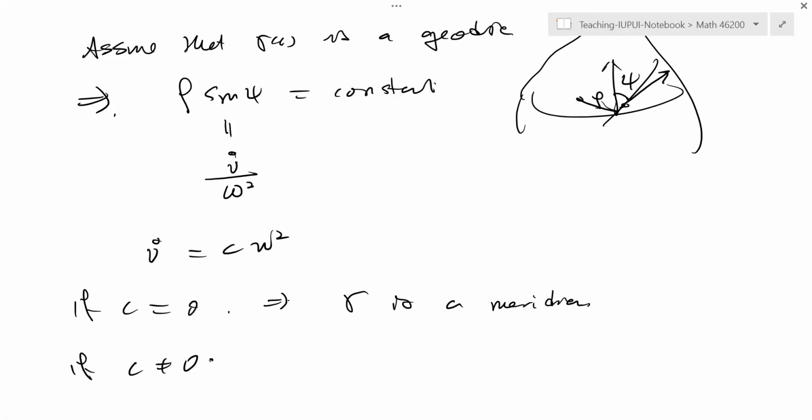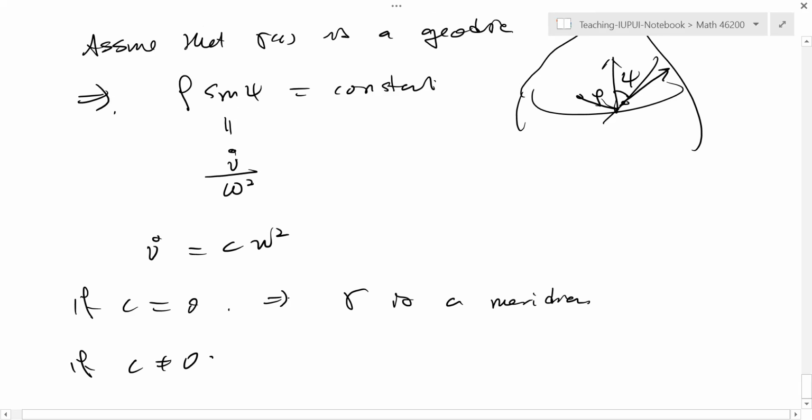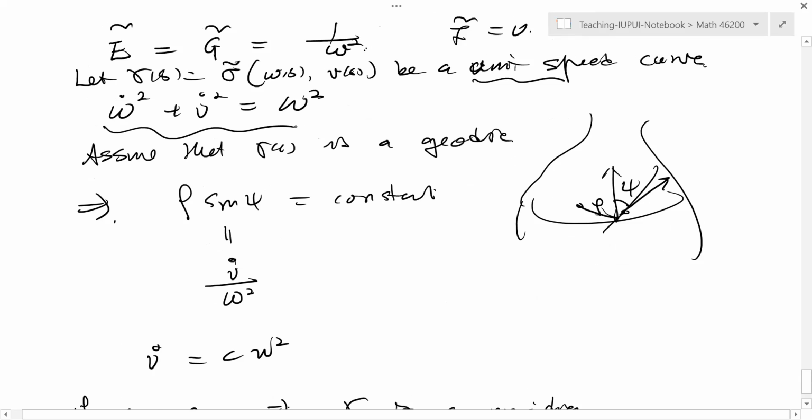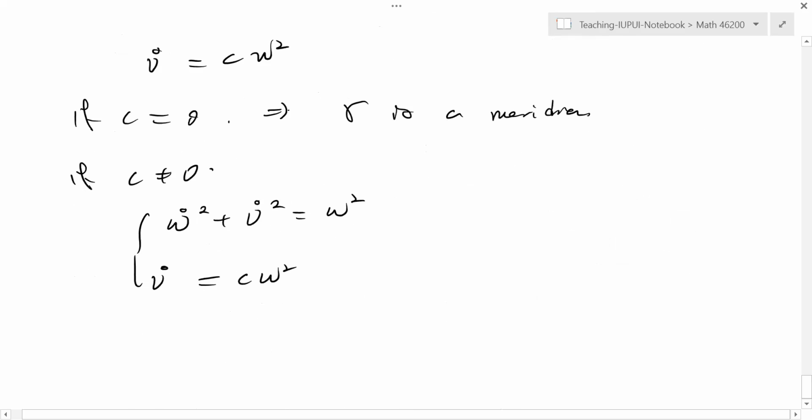I'm trying to solve it, but how can I solve it? Well, we have an equation here. Combine that, we have these two equations, and we may be able to solve it. Let's see what we got.